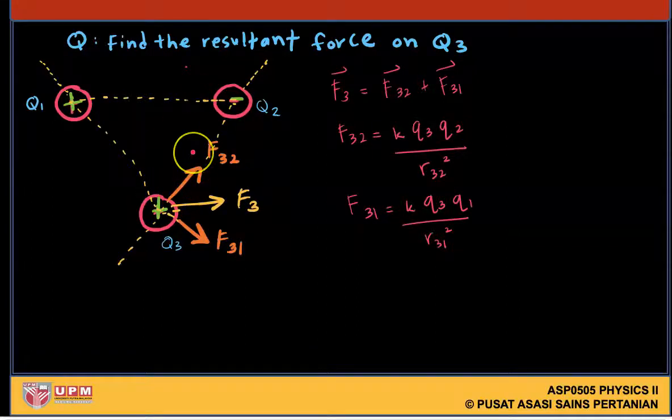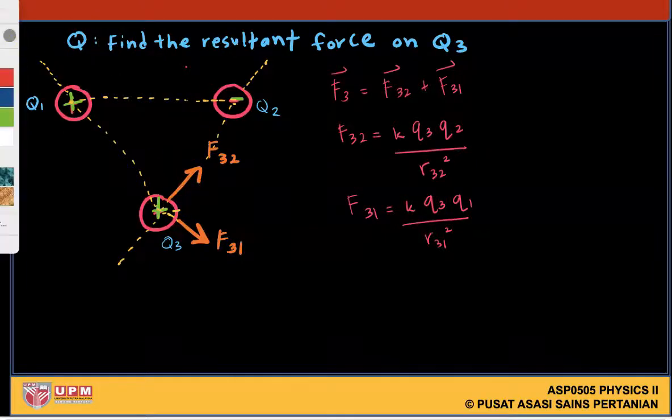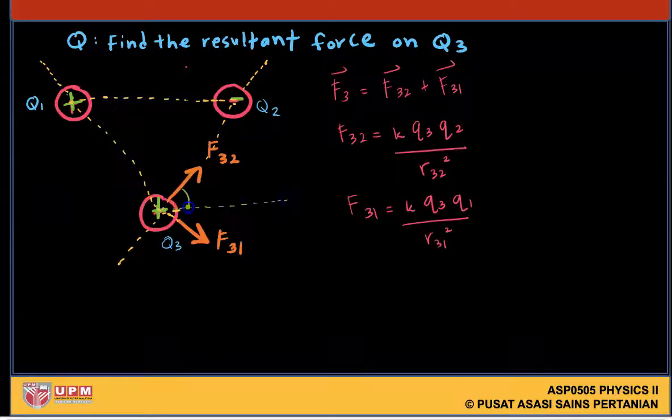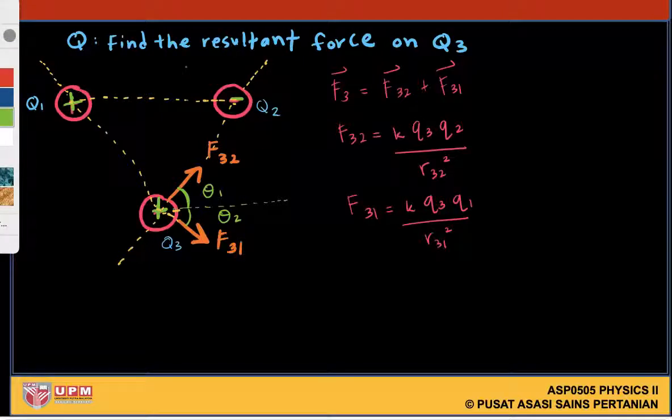Okay, so using your geometrical skills, you need to know what is, let me remove this resultant. You need to know what is the angle of F32 and what is the angle of F31 with respect to the x-axis. So this is angle 1, this is angle 2. Okay, and before we can proceed with resolving it, we need to roughly estimate what is the direction of our x components and y components.